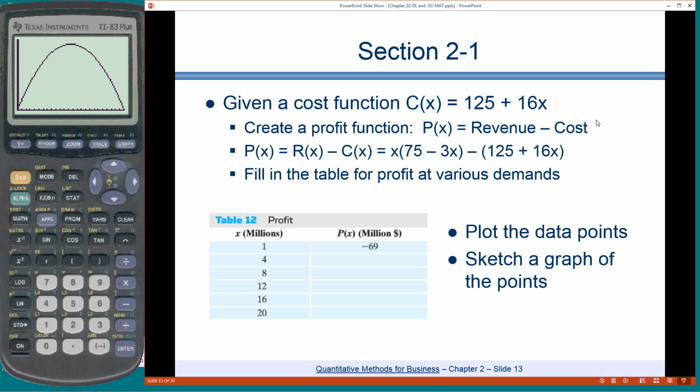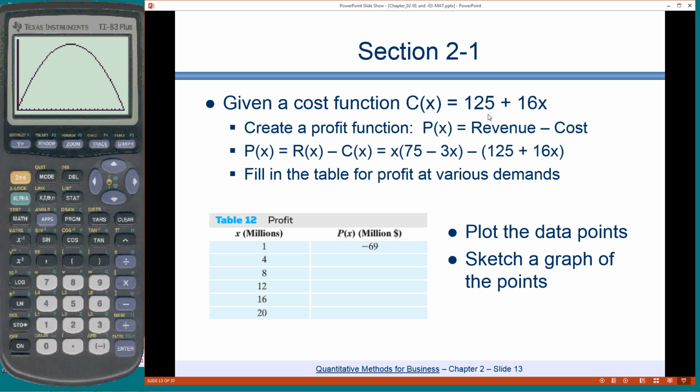This is what you've got to pay to build the plant and buy the materials, and pay the people and whatever else to create that number of widgets. So our profit equation is just our revenue minus our cost. This is our revenue that we got by taking price times demand, minus the cost.